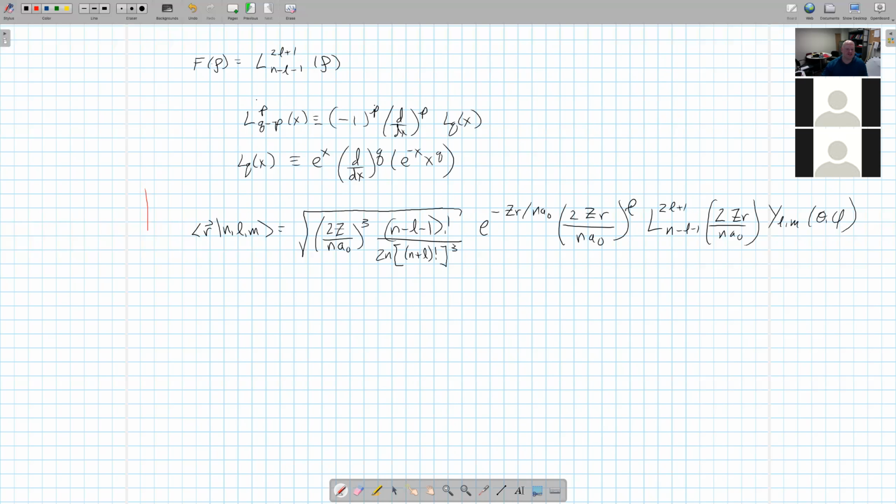So this is the most general way of writing the hydrogenic wave function.